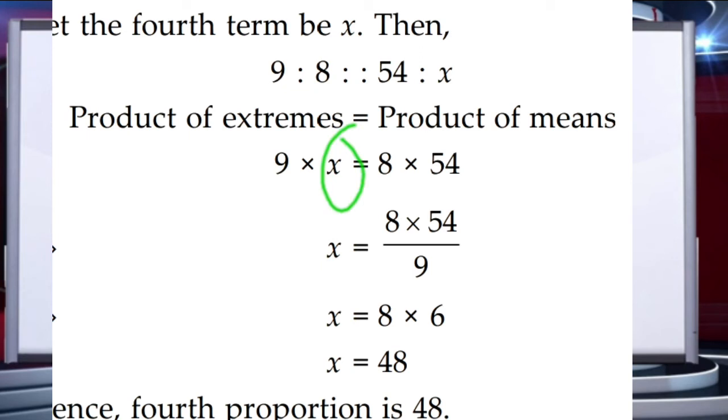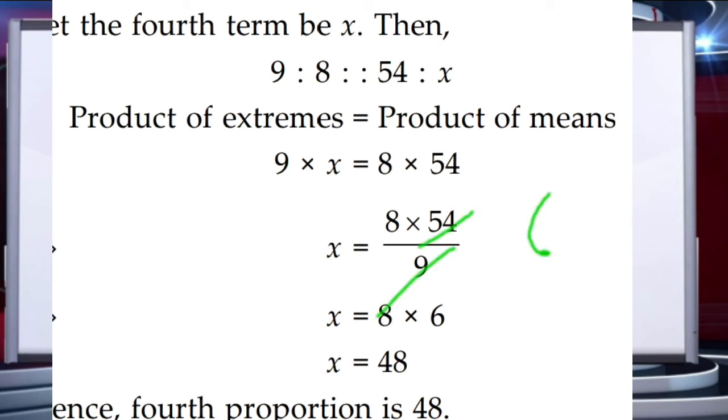So I will keep this x here and shift this 9 from LHS to RHS. Whenever I shift a number from LHS to RHS, we always change its sign. Here 9 has the multiply sign, so when it goes to RHS, it will become the divide sign. So my equation will become x is equal to 8 into 54 divided by 9.